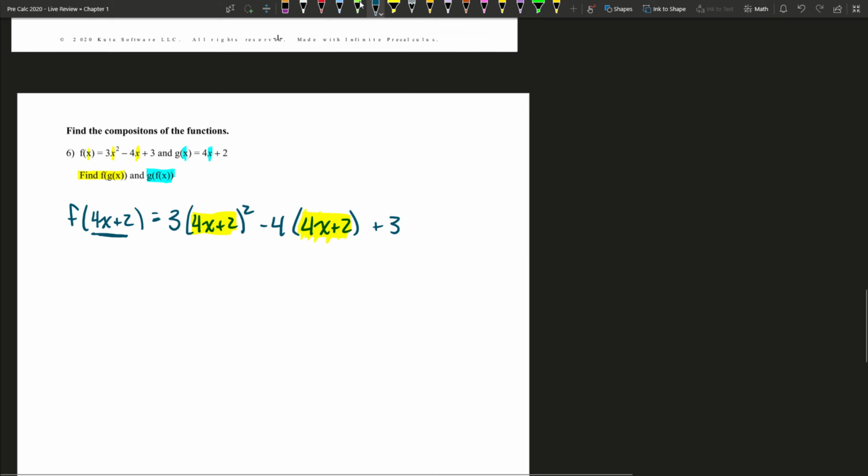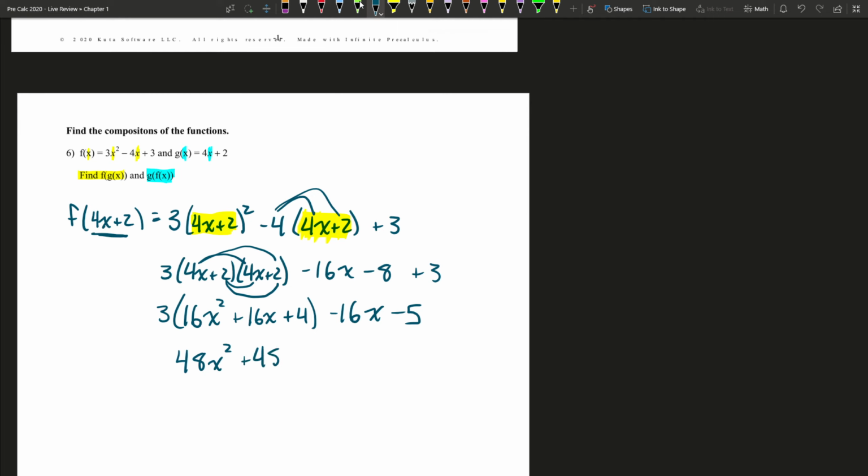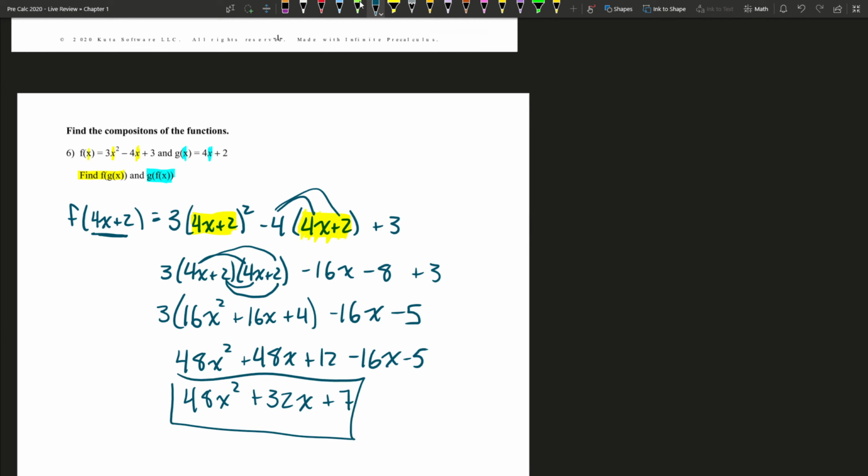Then we can simplify a little bit, and that ends up being our answer for part 1.